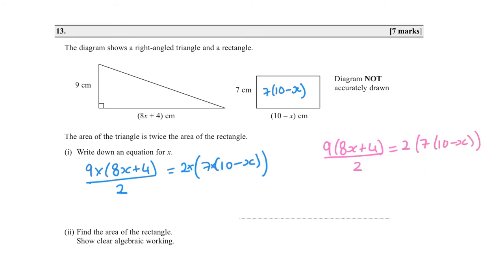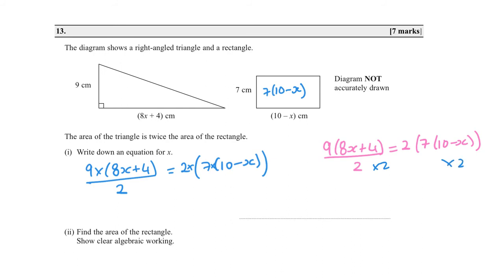Okay? So now I'm going to sort this all out. This is what we have, like our formula. We know that the area of the triangle is twice the area of the rectangle. So 2 lots of the rectangle gives us the triangle. Okay? So how can I simplify this? Well, I don't really like to deal with fractions, so I'm going to multiply both sides by 2 to get rid of this.